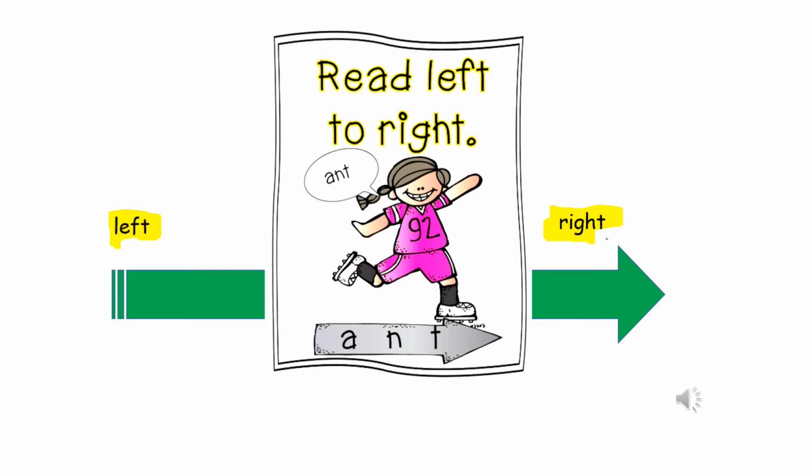We start saying it on the left with the letter A, and we finish saying it on the right with the letter T, ant. Well, when we compare two numbers, we read the numbers in the same direction that we read our words, from left to right.